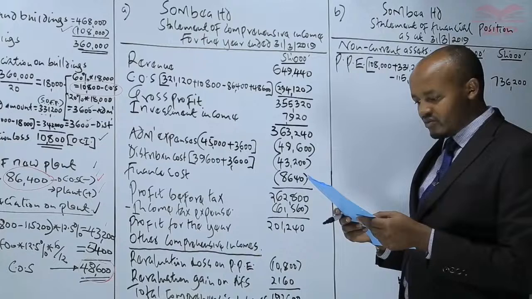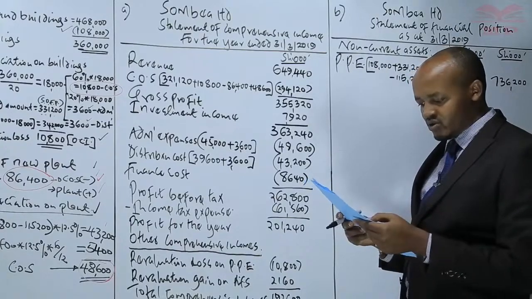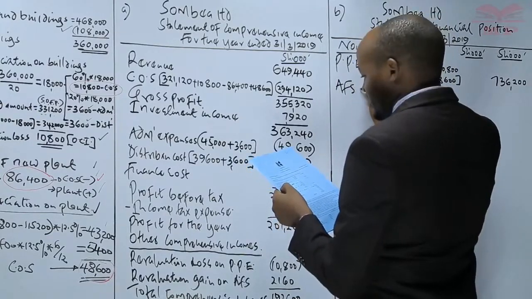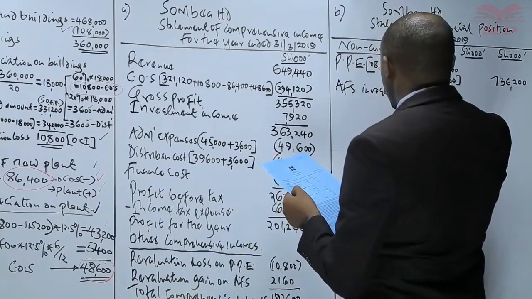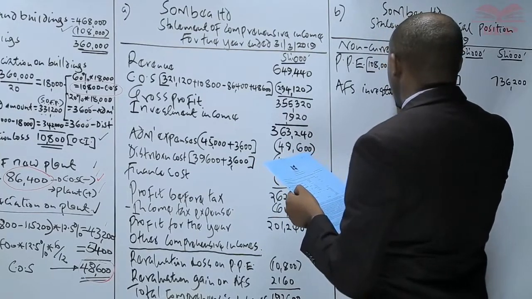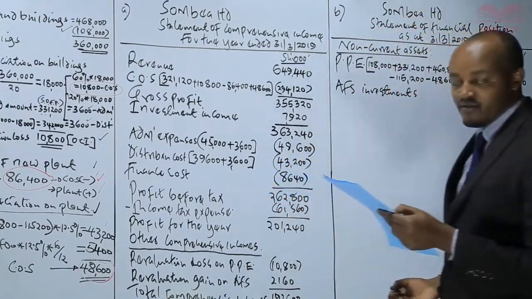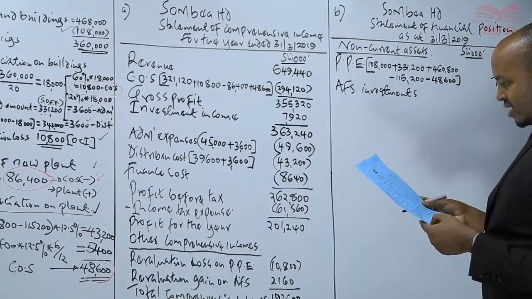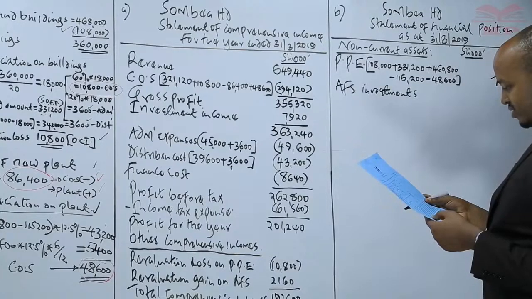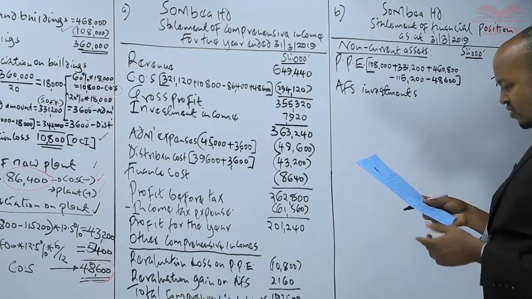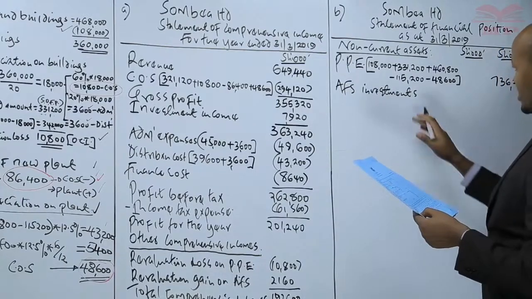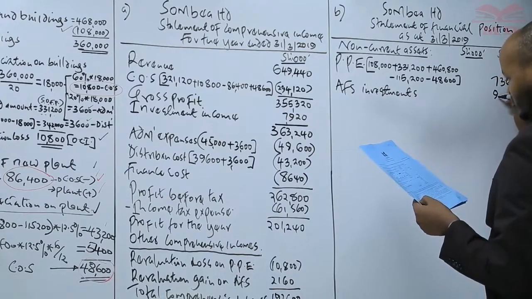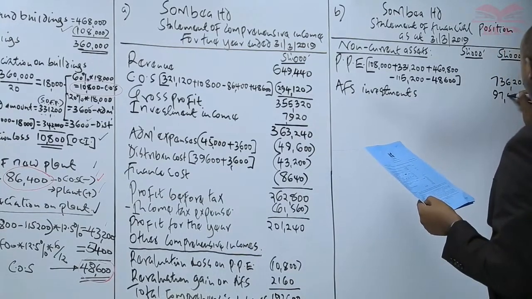Then we need to check whether there is any other asset to be included here, and in our case we have an available for sale investment. Available for sale investments are investments which are to be held for a long period of time, and therefore they are classified as part of non-current assets. As per note number 4, we are told that this investment was valued at fair value at the end of the year at an amount of 97,560.